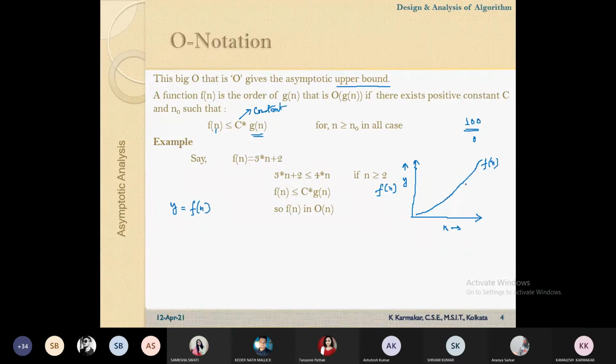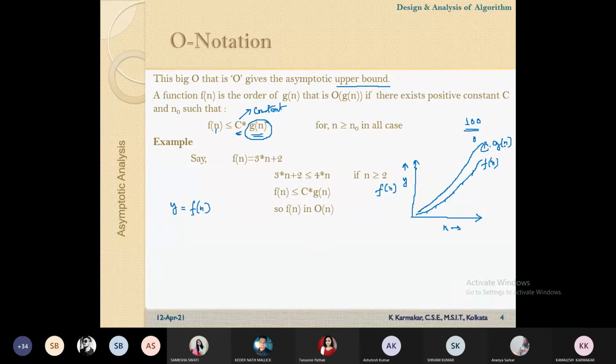So if we put different values of n, and the time consumption of f(n) is like this for different values of n, we have to determine a function g(n) and a constant value c, such that f(n) will always be less than c into g(n).